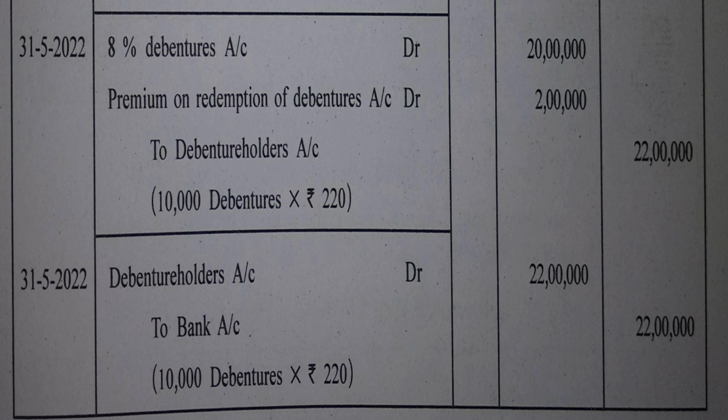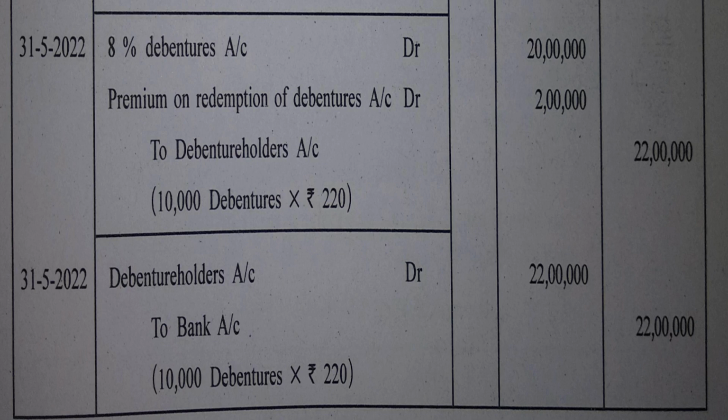And on the same date, the next journal entry is about the payment made to debenture holders. That is, debenture holders account debit 22 lakh, to bank account 22 lakh. So 22 lakh rupees have been given to debenture holders: 200 rupees of debenture and extra 20 rupees of premium.